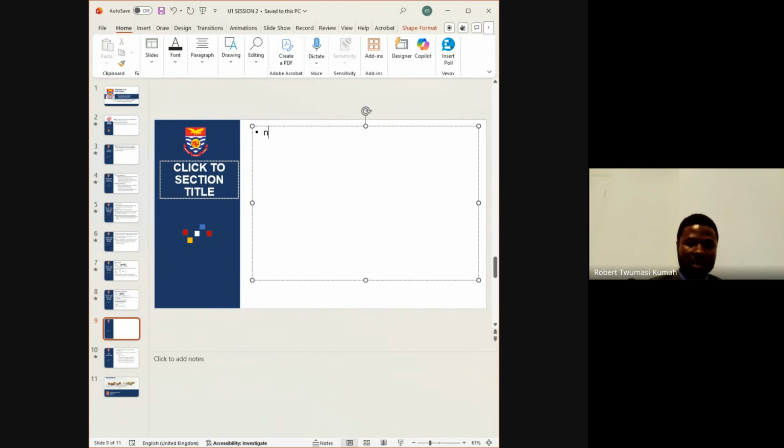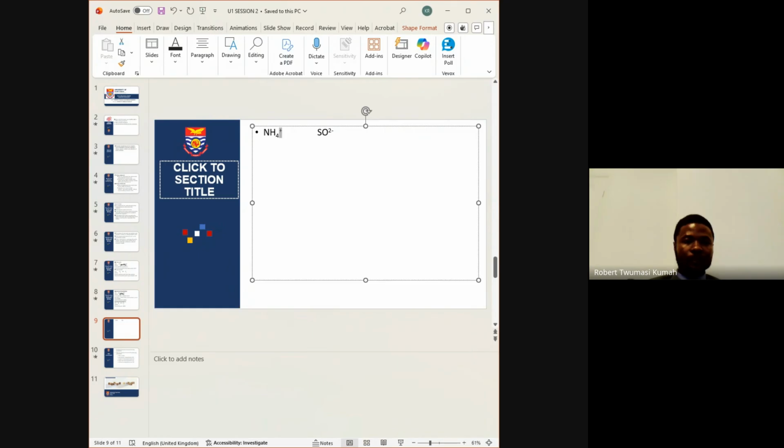The ammonium is NH4 plus, and then the sulfate is SO4 2 minus.